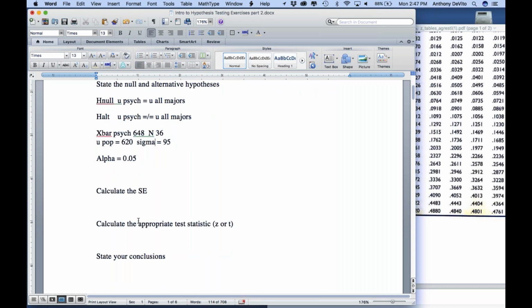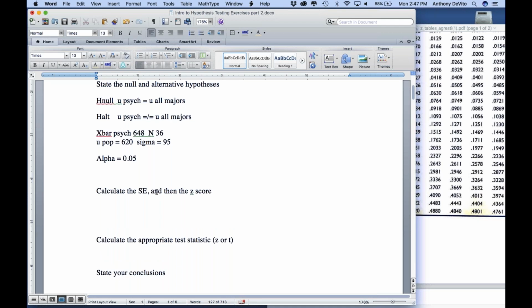Okay, so we could take this in a couple of steps. We need to calculate standard errors and then the z-score. Or we could do it in one fell swoop here. Let's do it in one fell swoop. Z, and I'm using z because I know sigma.